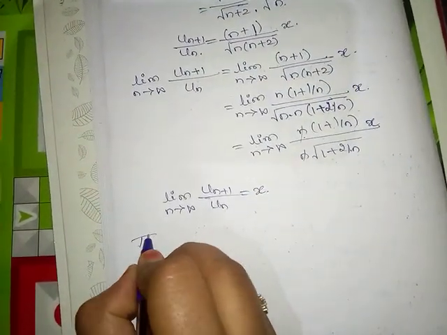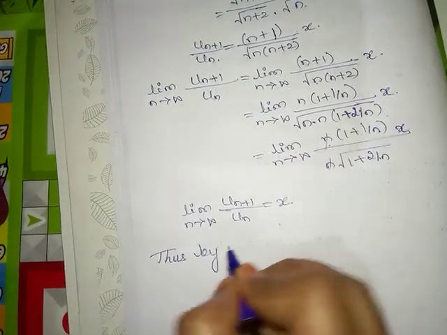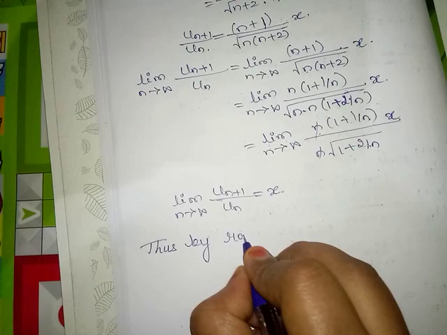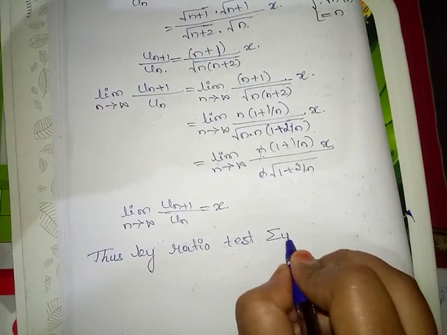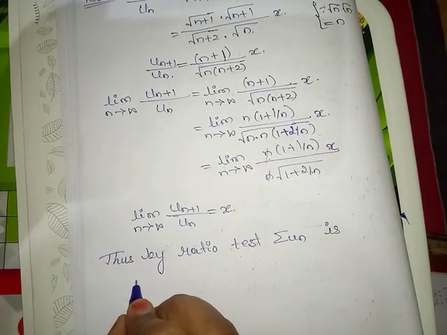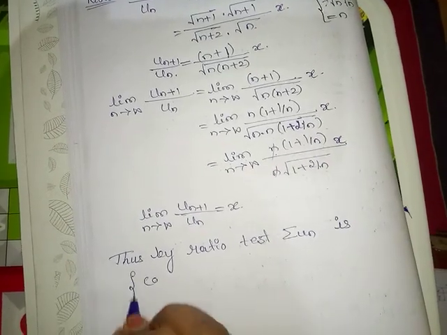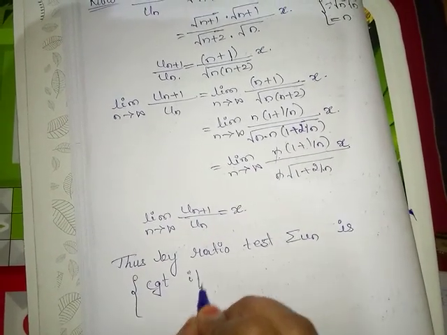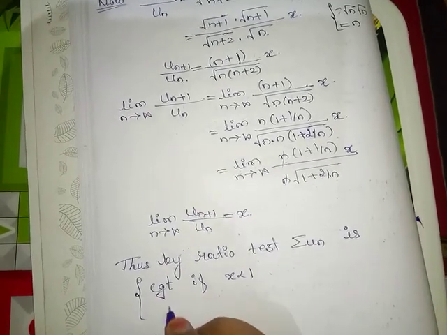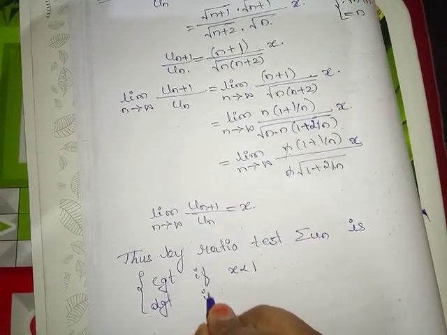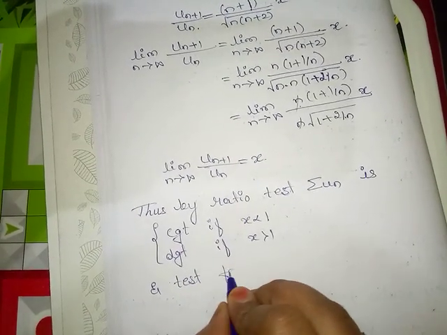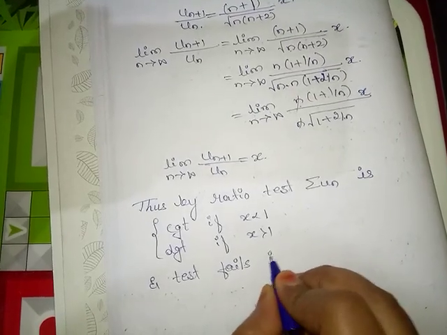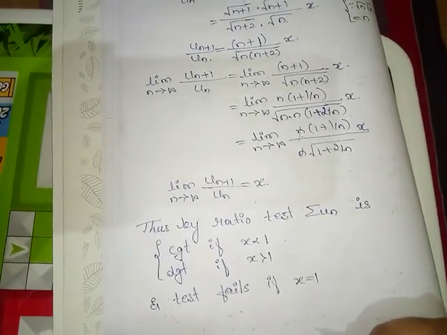Similarly, conclusion: thus by ratio test, summation un is convergent if x is less than 1, divergent if x is greater than 1, and test fails if x is equal to 1.